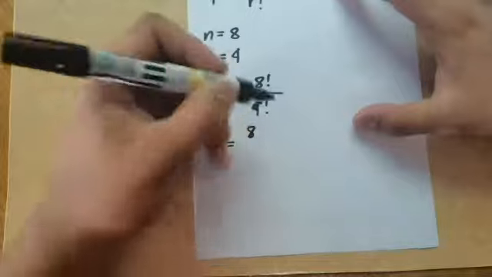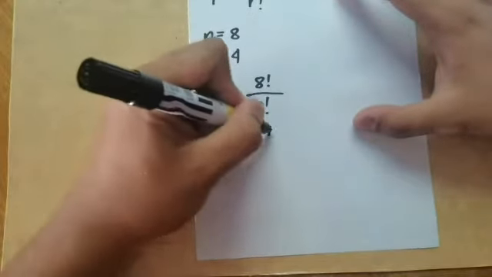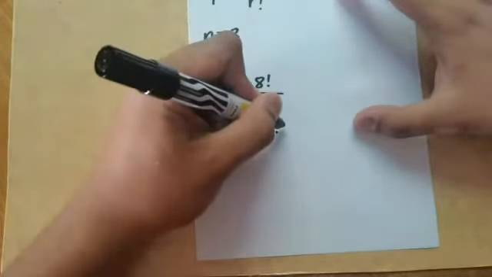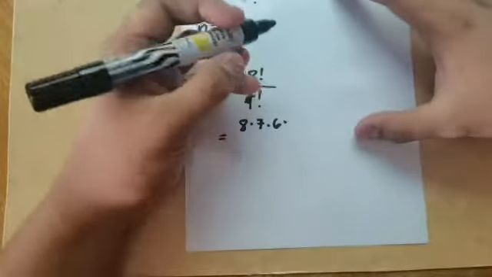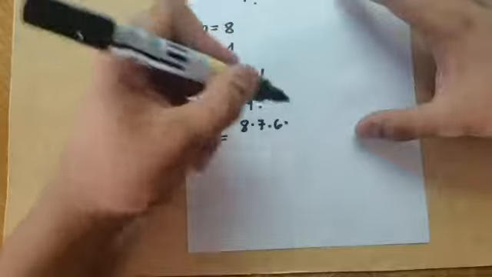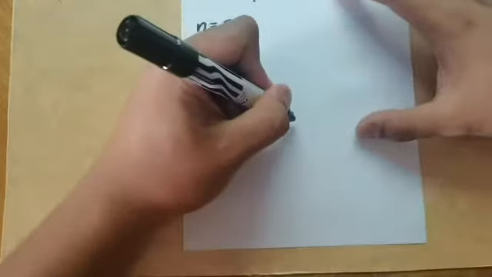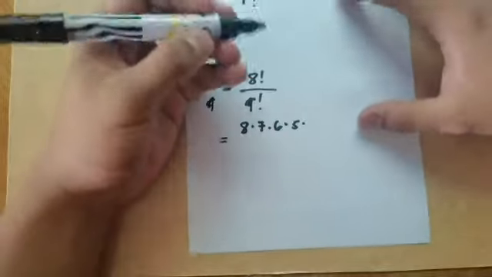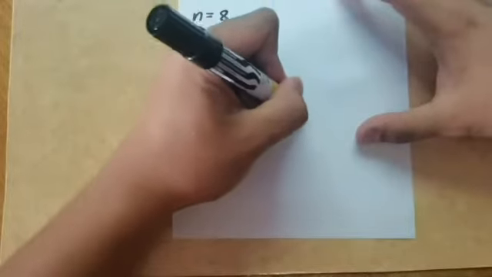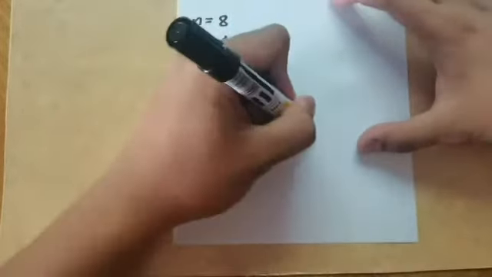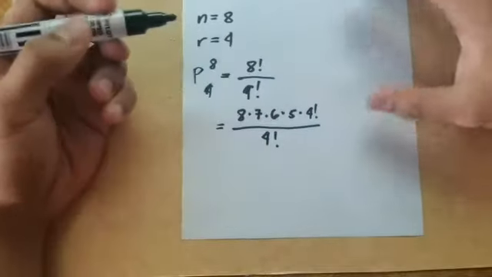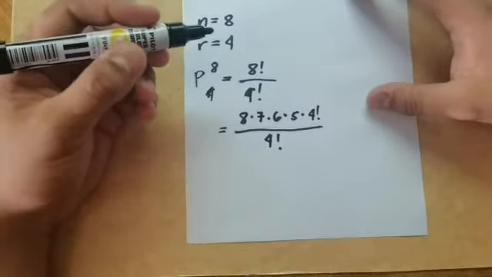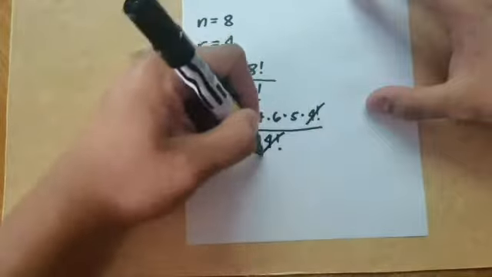The factorial is like this. You take the number and multiply by the number less than it, and so on until it reaches 1. So you can cancel this.